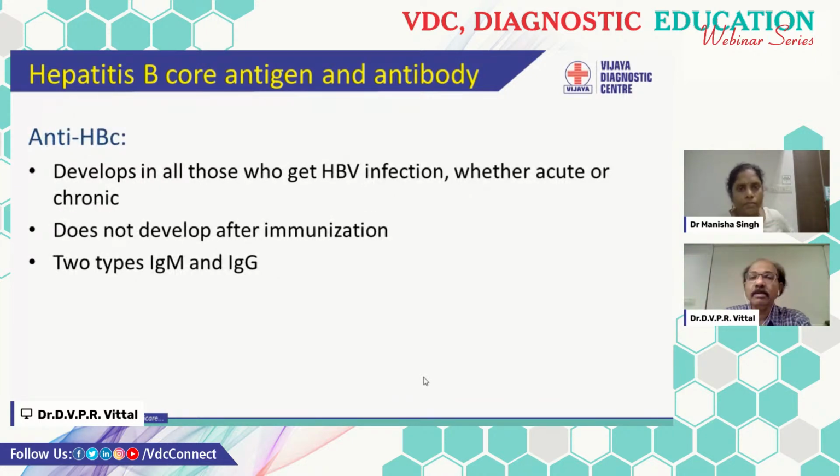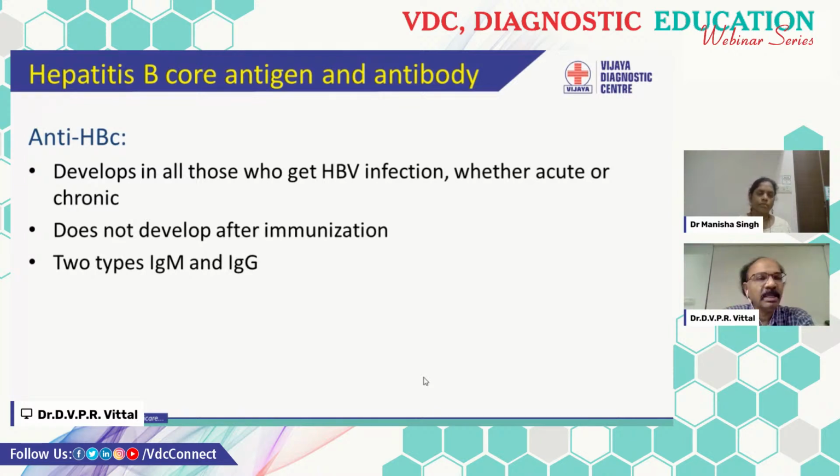But the antibody that develops during infection, anti-HBc, is seen during acute infection as well as in chronic patients. As I told you, this does not develop after immunization because this is not released into the blood, as well as the vaccine which is given is only hepatitis B surface antigen and its antibody, which is a protective antibody.